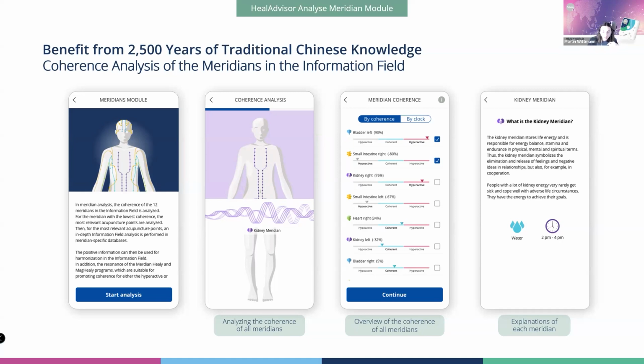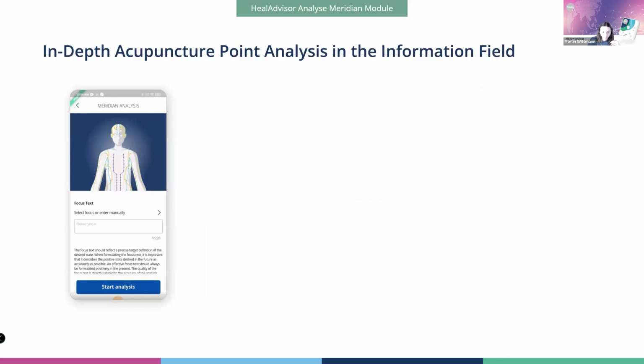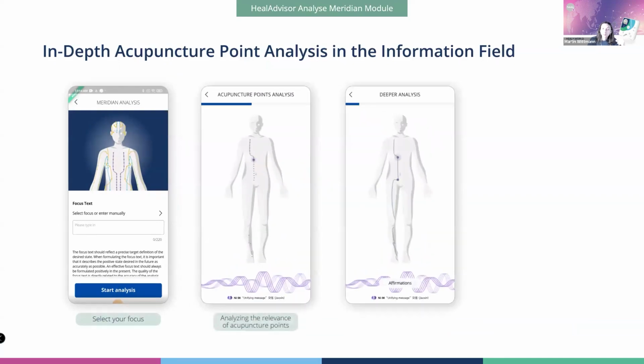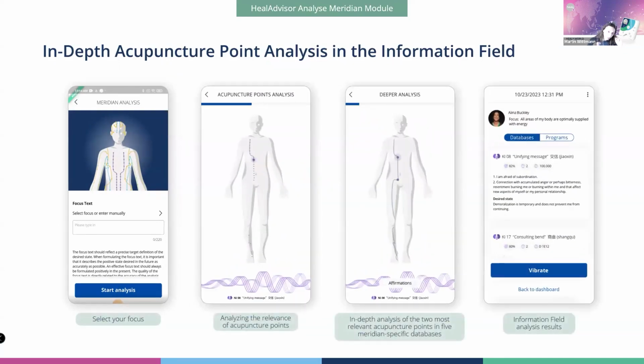And then you see, okay, usually you analyze the most incoherent meridians. And now you can enter your focus, because usually you go into such an analysis with a certain goal. And as we all know, the focus should be in the future.